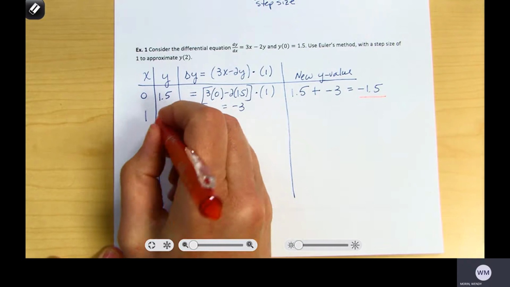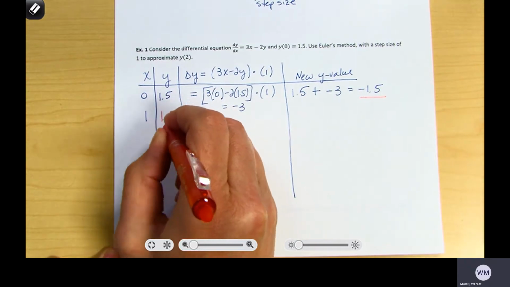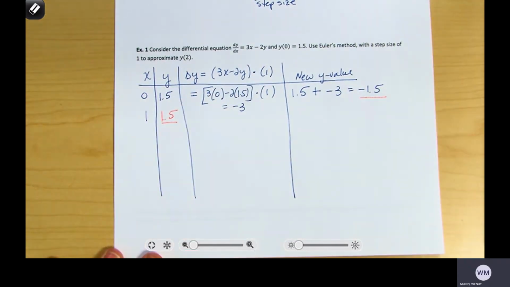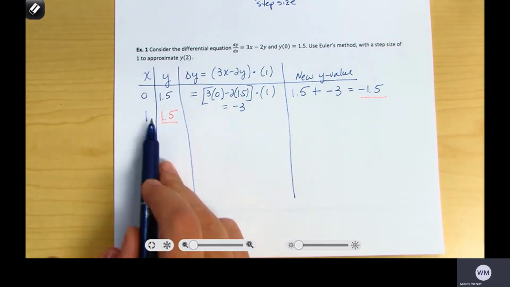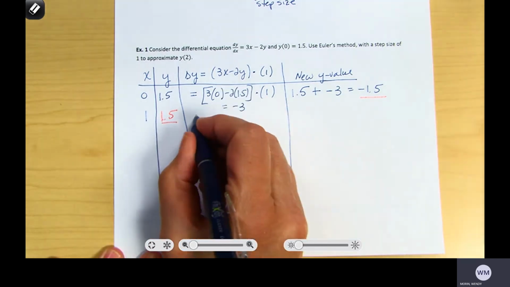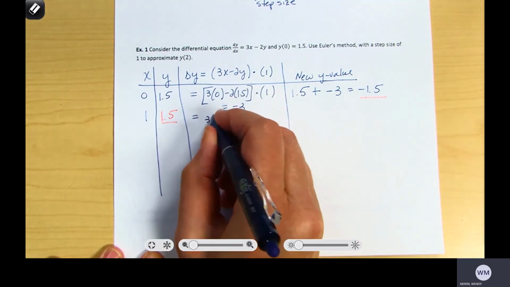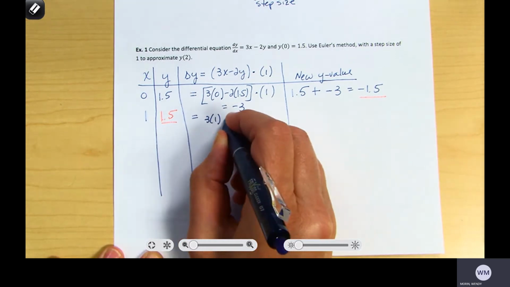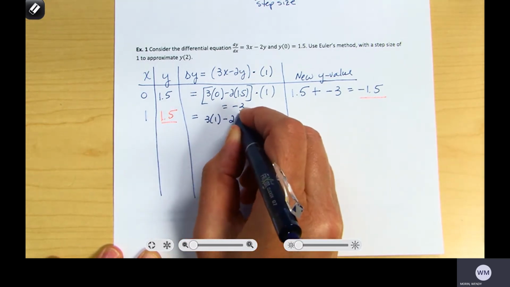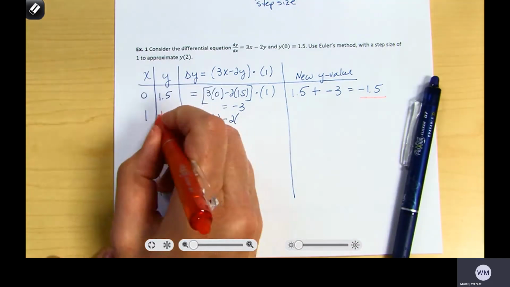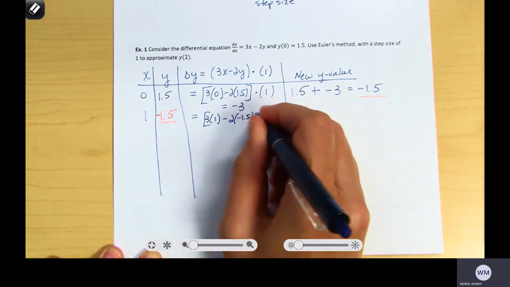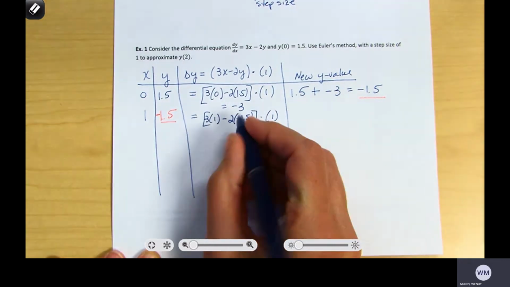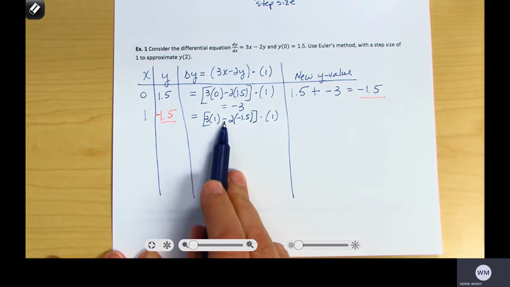So this is the y value that goes with 1. Okay? Now they want us to approximate y of 2. So we have to keep going. So figure out your change in y is going to be 3 times your x value minus 2 times, oops, I'm sorry, that's negative. Go back here. 2 times your new y value, and all of that is going to be multiplied by 1. So what is that? That's 3 plus 3, right?